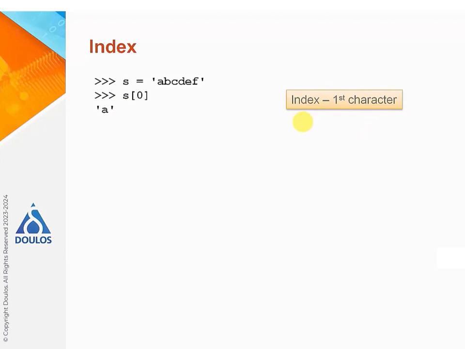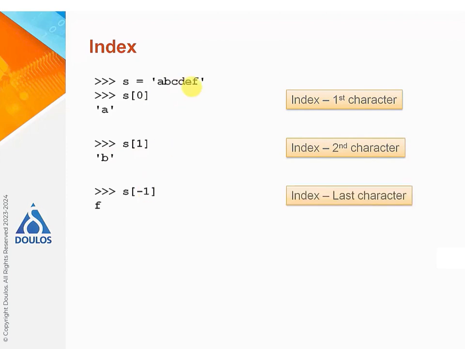Arrays and strings in Python are always indexed starting from 0, as they would be in C. So s[1] is now the second character in our string, B. s[-1] is the final character in the string, so you can use a negative index to start counting backwards from the end of the string, which is very useful. s[-2] then is going to be the second to the last character of the string, or E in this case.